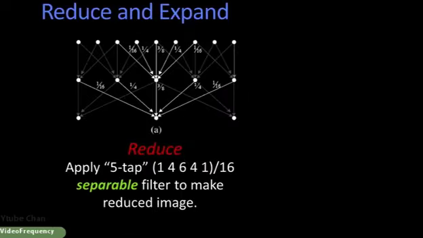The reduce operation is pretty clear. So the idea is at this level, we have a full resolution or whatever level, and then we want to take the next level down. So here's a way of thinking about it. We'll just number these. 1, 2, 3, 4, 5, 6, 7, 8, 9. 9 pixels across. I actually don't have to produce the pixels that would go under 2, 4, 6, and 8 because I only want half the number of pixels that I had to start with.